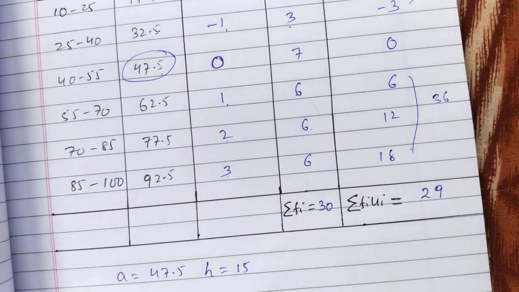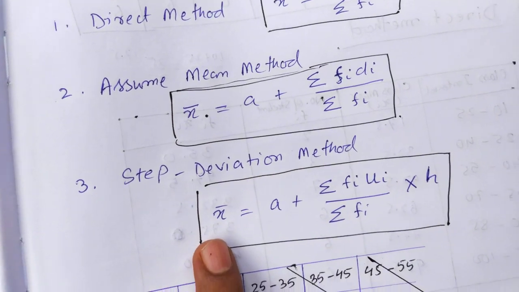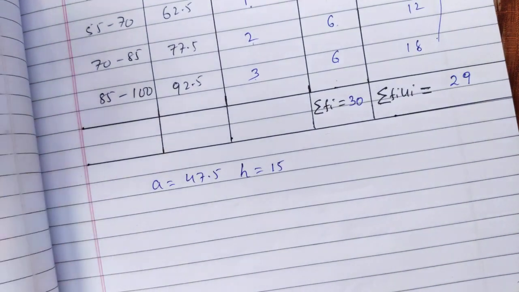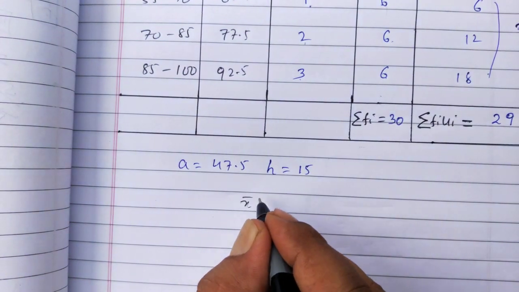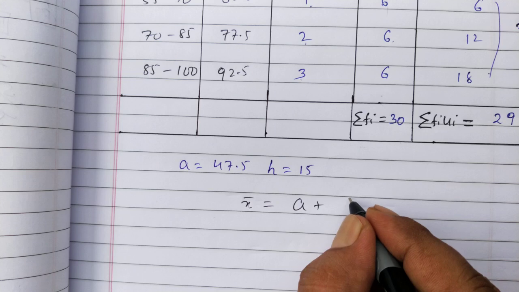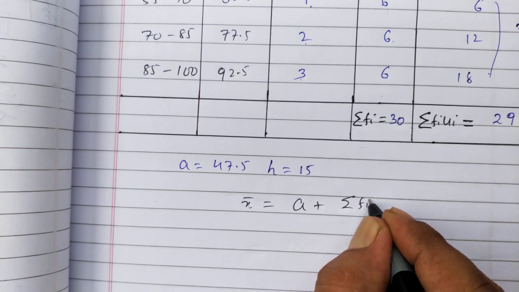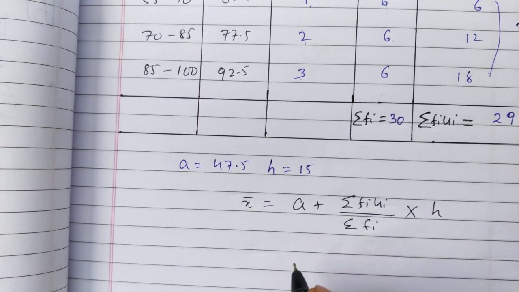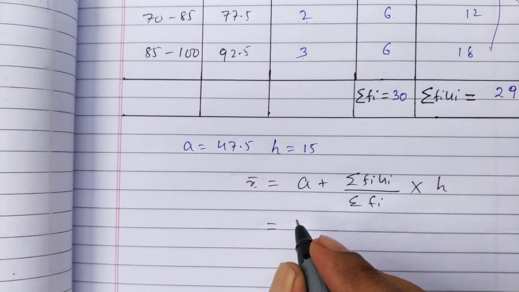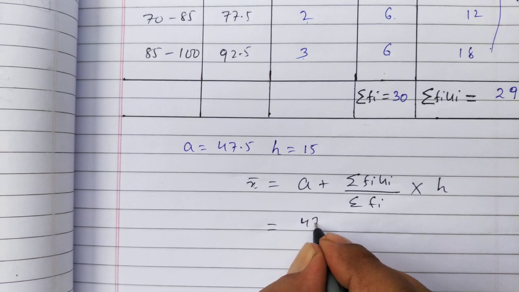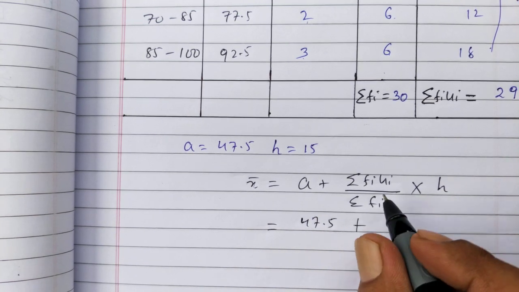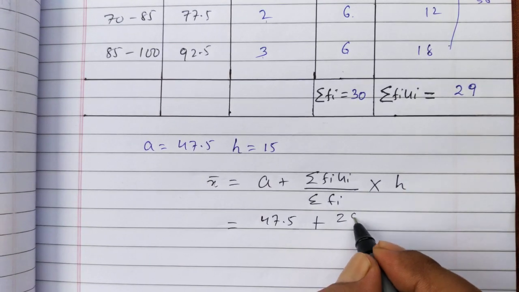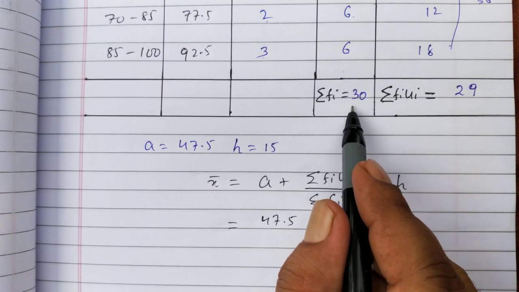Now what's the formula of step deviation? We'll write this formula. Mean equal to A plus summation fi ui by summation fi into h. Put the values. A is 47.5 plus fi ui is 29. We got 29. Total of f is 30.